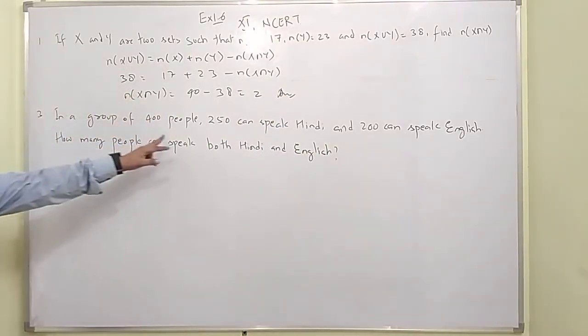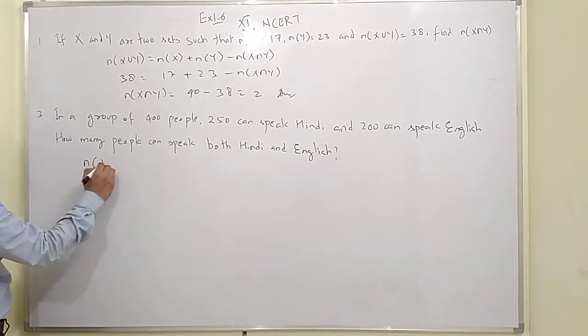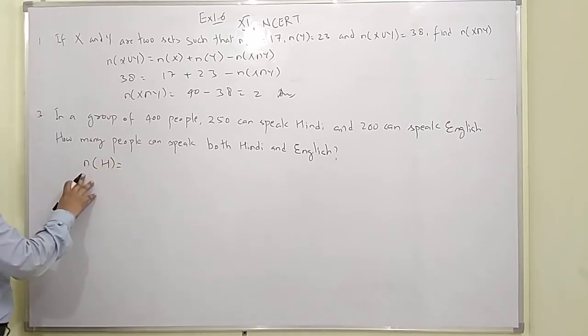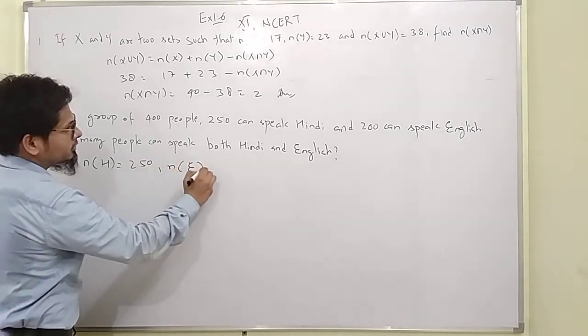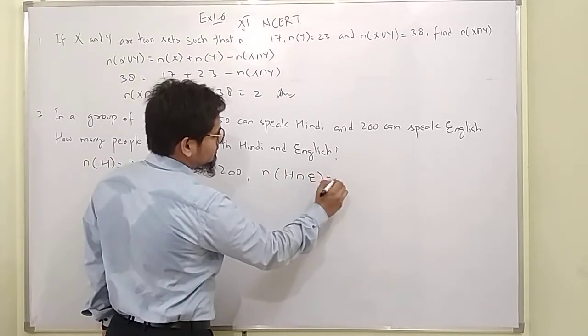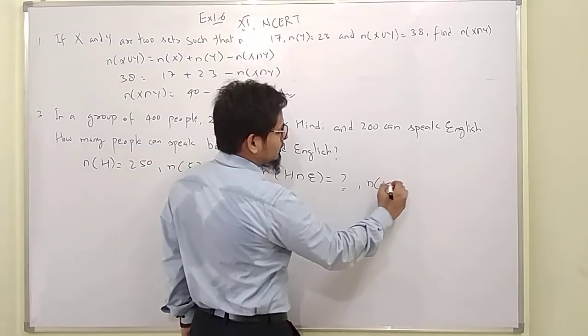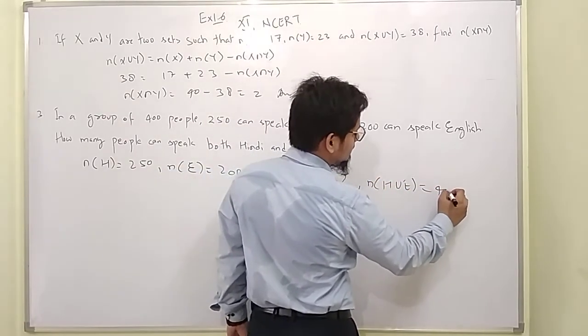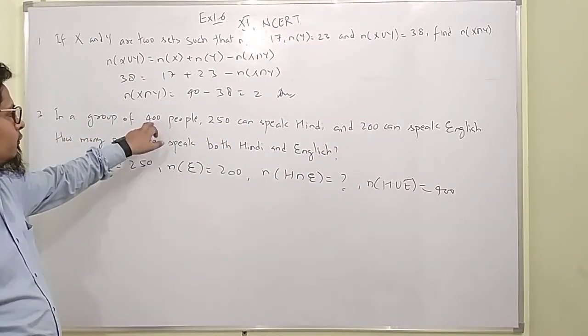See the next question, class. In a group of 400 people, 250 can speak Hindi and 200 can speak English. How many people can speak both English and Hindi? So here, the number of people who speak Hindi, n(H), is 250, and n(E) is equal to 200, and we have to find n(H intersection E). The total is 400, the group of 400 people, so the union will be equal to the total, 400.